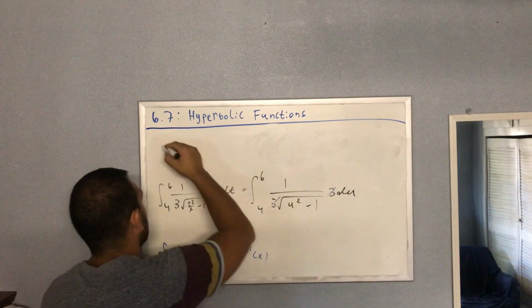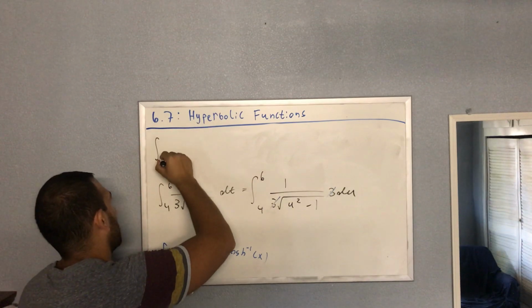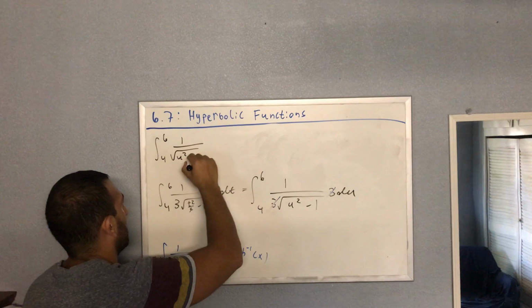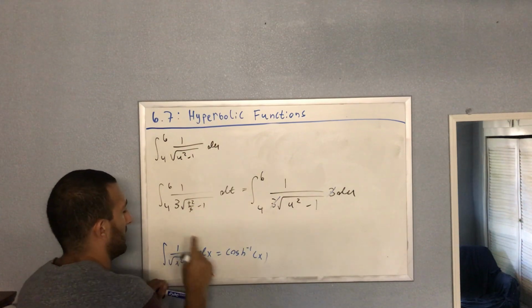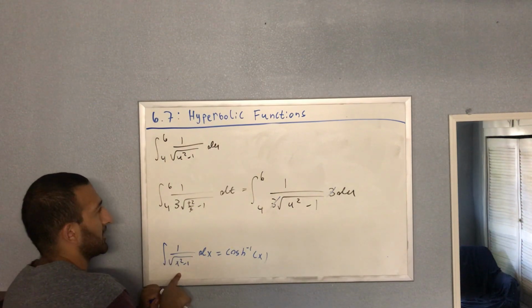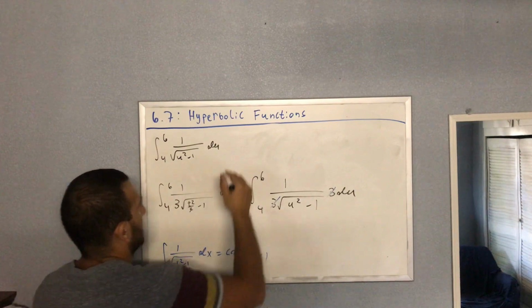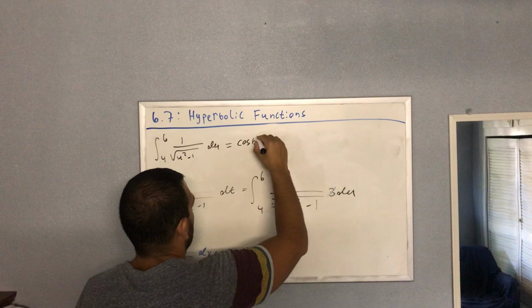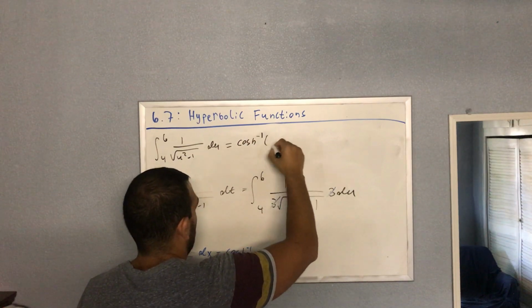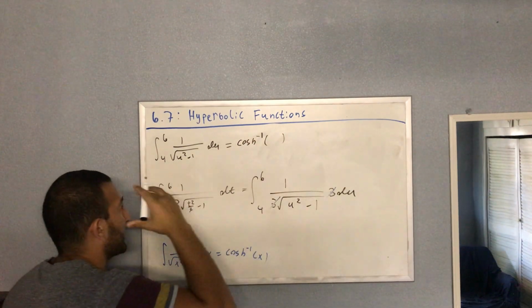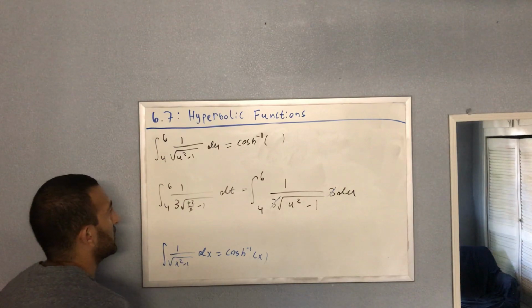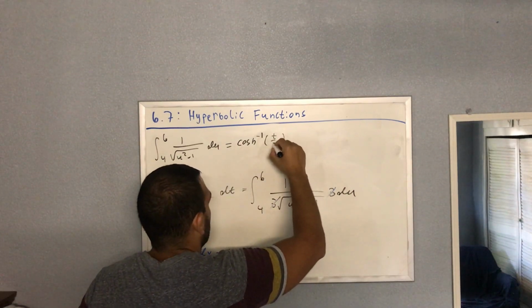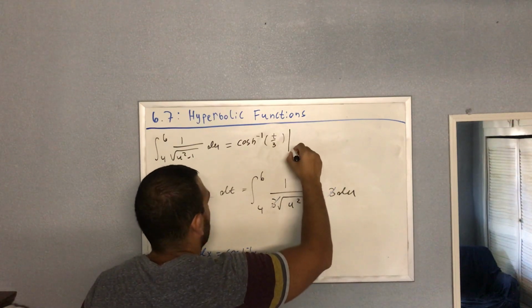And notice that's exactly this, except for u's. So this becomes hyperbolic cosine inverse of what was u? It was t over 3. Then we evaluate this from 4 to 6.